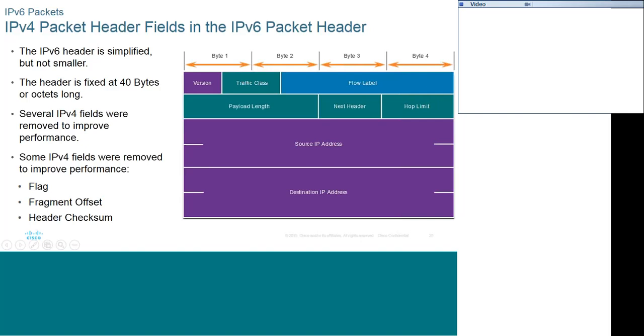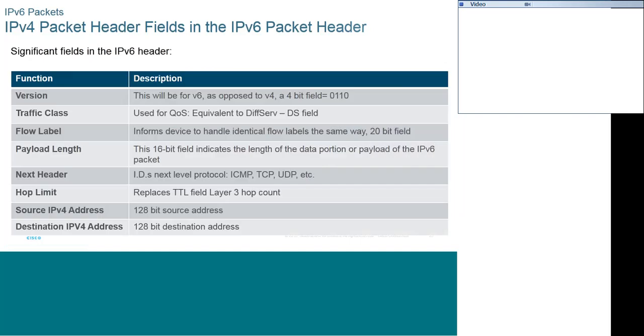They added the next header and payload length, some changes for better handling. So as you can see here, different functions with different descriptions for IP version 6, but the idea generally is the same. They both are a kind of address.